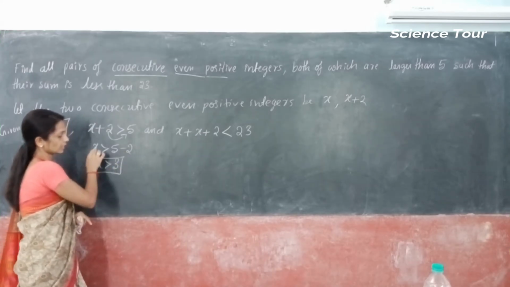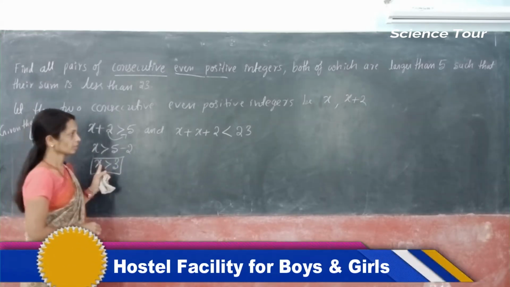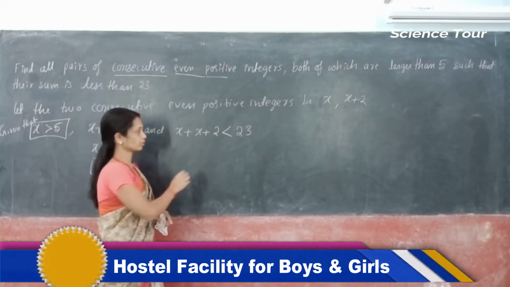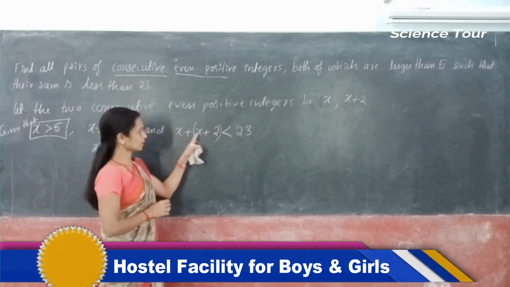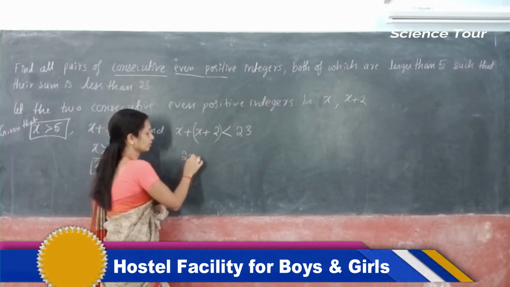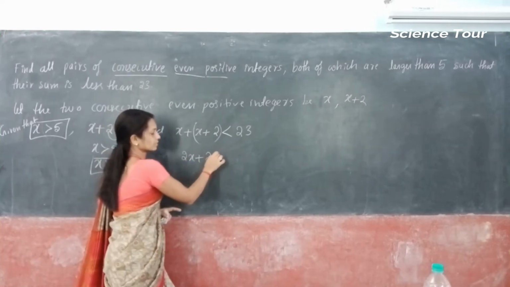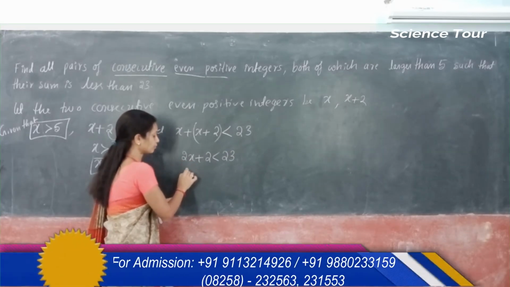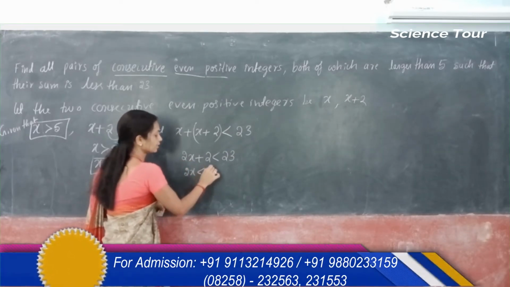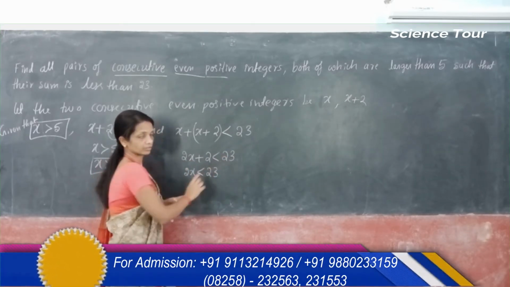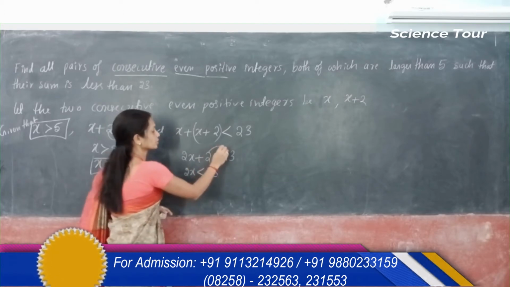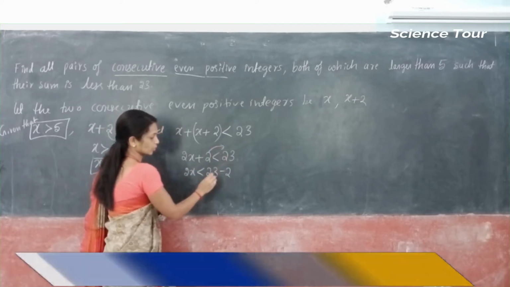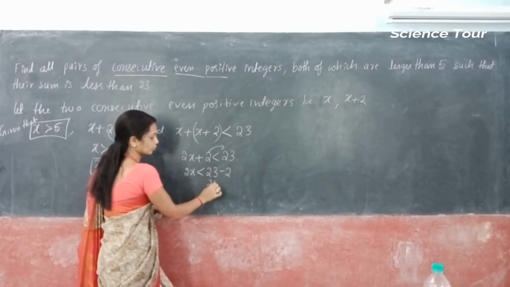This is another condition on x, and simplify this also. x plus x, that is 2x, then plus 2, that is less than 23. Now keep only the x term on the left, that is 2x, less than 23 already there on the right side, plus 2 you send to the other side as minus 2. 23 minus 2, that is 21.